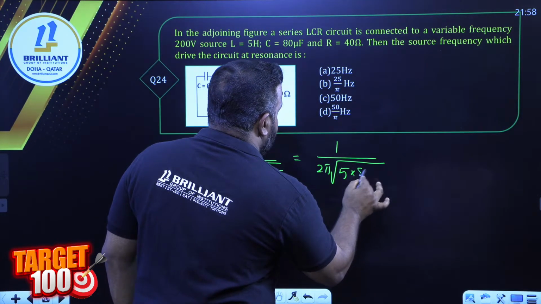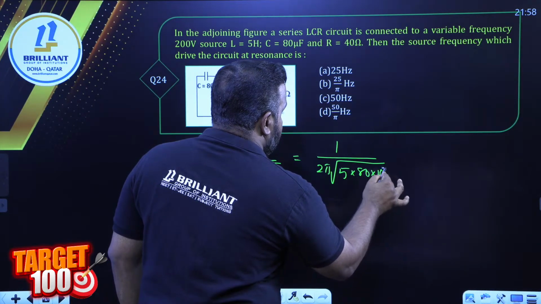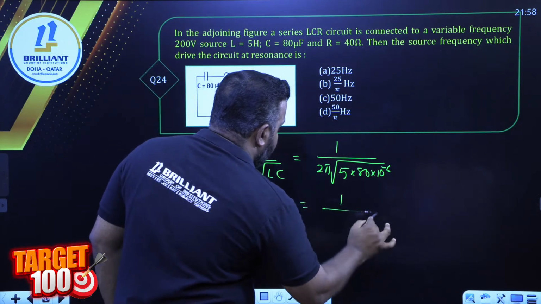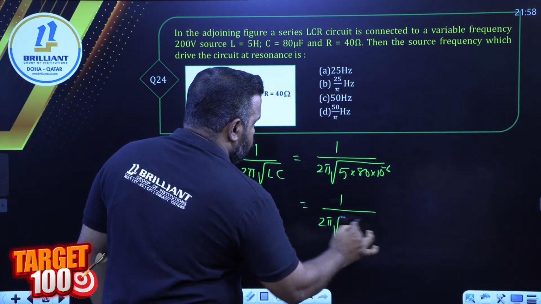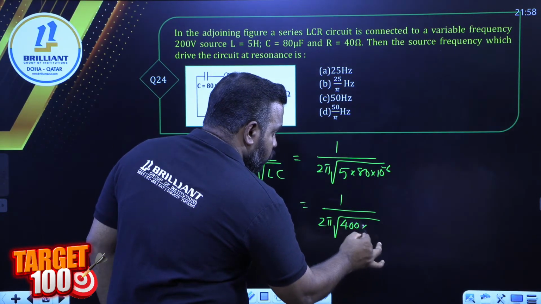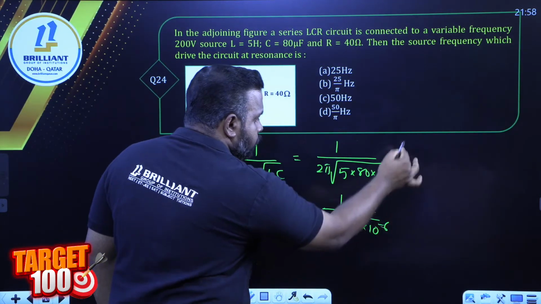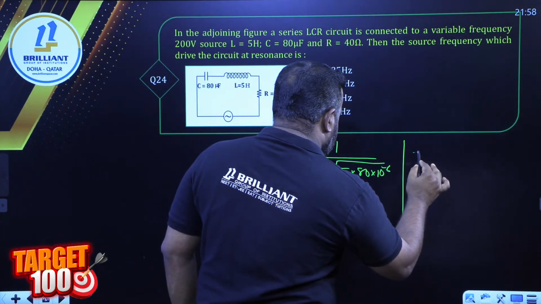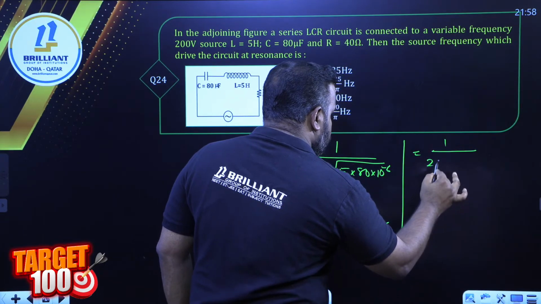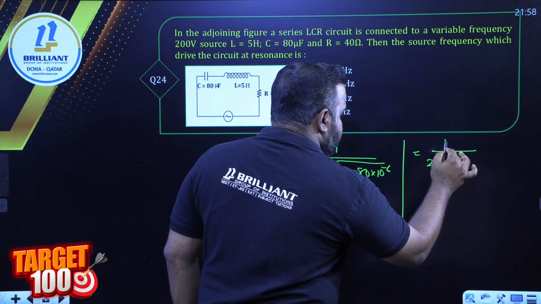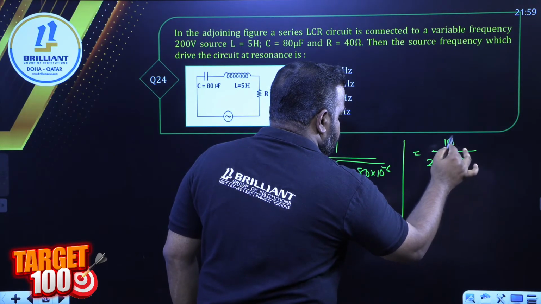80 micro, so 80 into 10 to the power minus 6. Which is equal to 1 by 2 pi into root of 400 into 10 to the power minus 6. Calculate it quickly. So which is equal to 1 by 2 pi into square root of 400 is 20 into 10 to the power minus 3 will come, that I am taking to the numerator, so it will become 10 to the power 3.